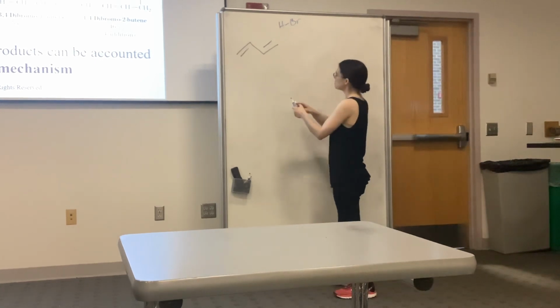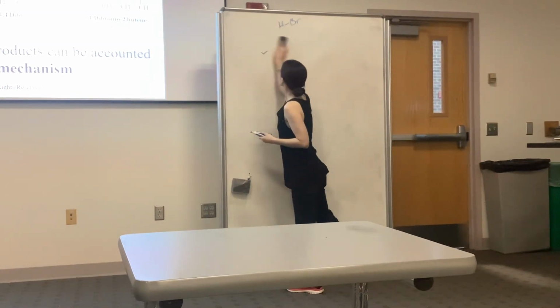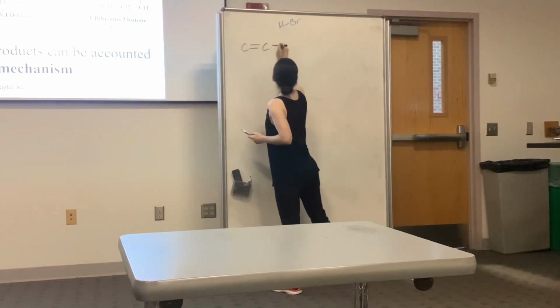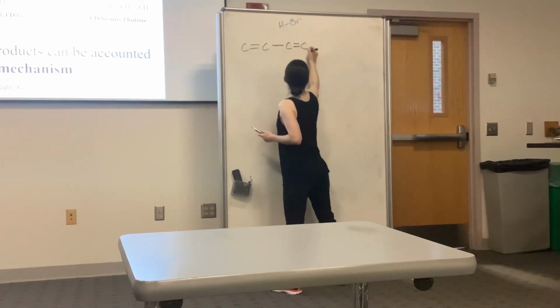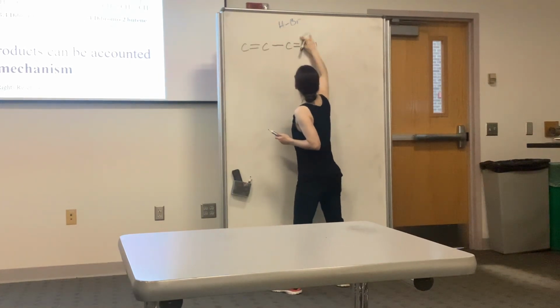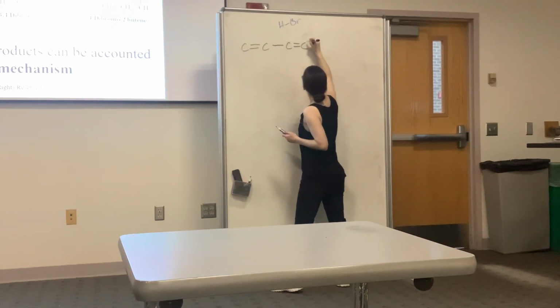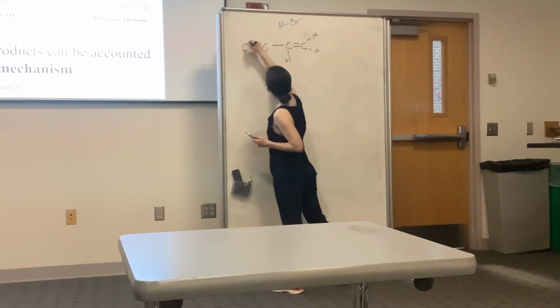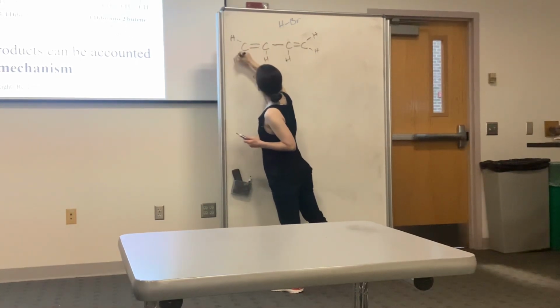Then we end up, never mind, this is a lot of bond breaking, and we're just gonna draw everything out. No, 2 hydrogens, not 1. That gets 1 hydrogen, that gets 1, that gets 2. There we go.